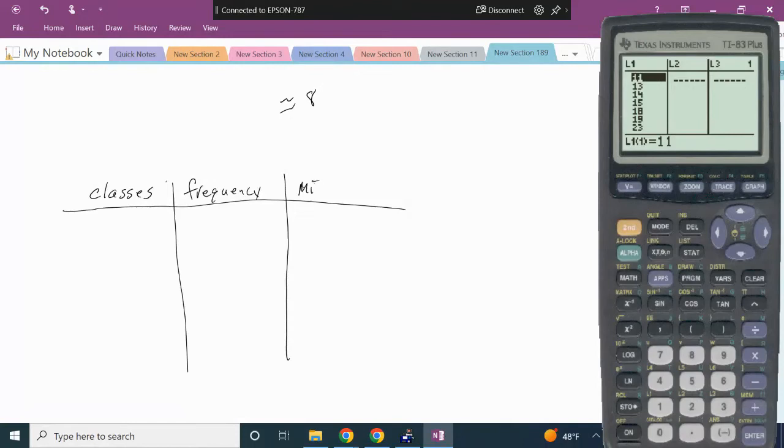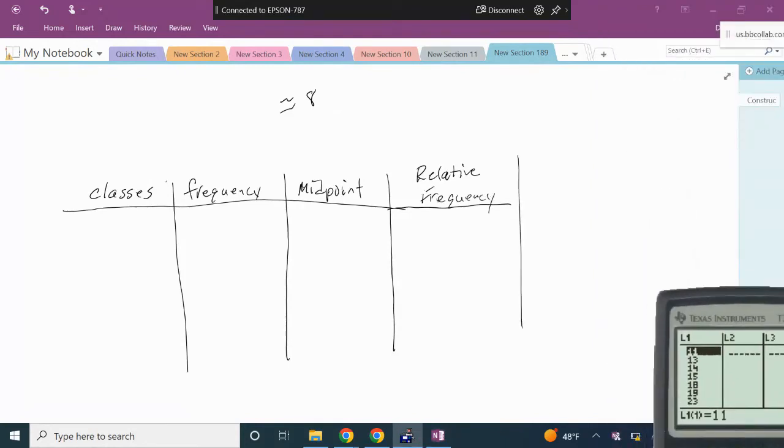We want the midpoint in the next column. We want the relative frequency in the next column. And we want the cumulative frequency in the last column.